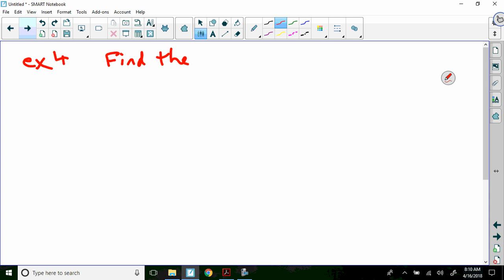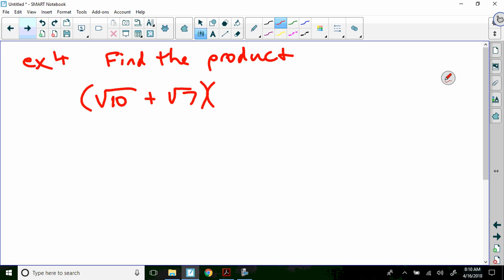Find the product. So we're going to have rad 10 plus rad 7 times the quantity rad 2 plus rad 7. Sometimes you're going to end up with like terms. Sometimes the radicals might end up going away.